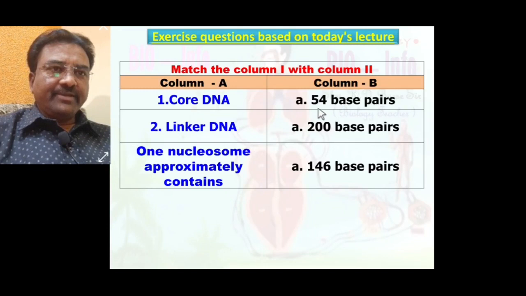Column B: 54 base pairs, 200 base pairs and 146 base pairs. So core DNA matches with 146 base pairs, linker DNA matches with 54 base pairs, and one nucleosome approximately contains 200 base pairs.